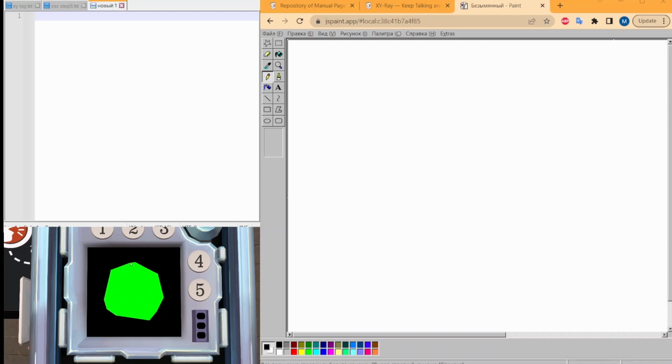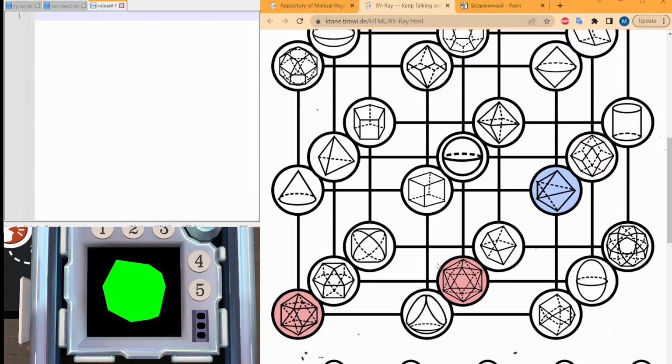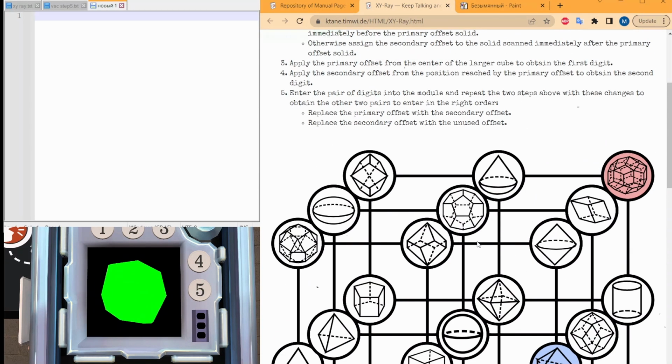One, 2, 3, 4, 5, 6. So they were going like this, and this, and this. Yeah, something like this. The third one is going to be problematic, I believe.